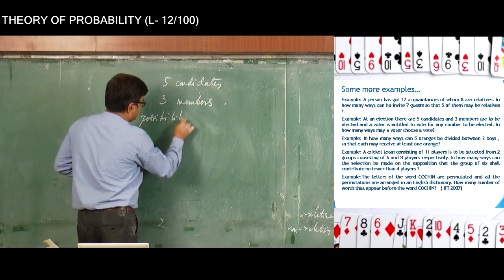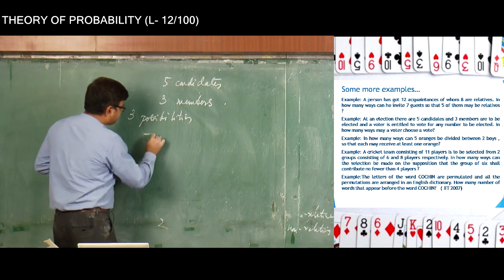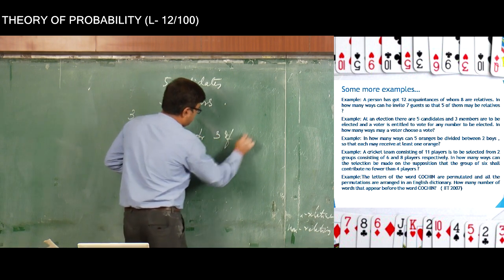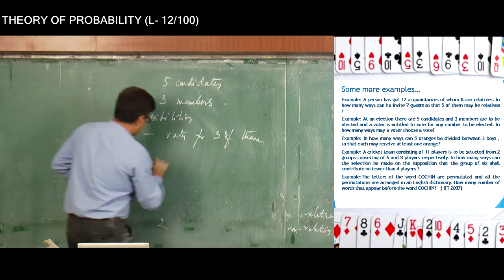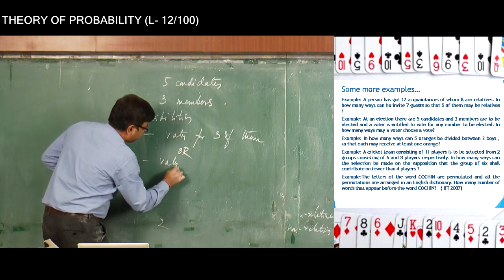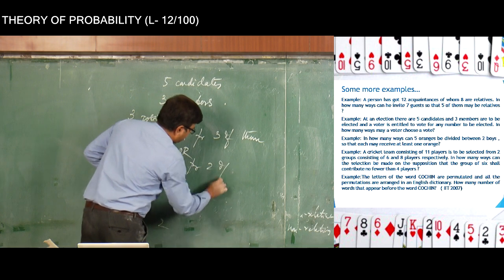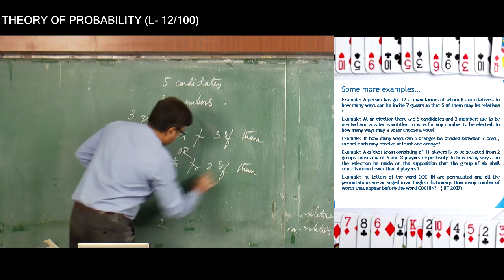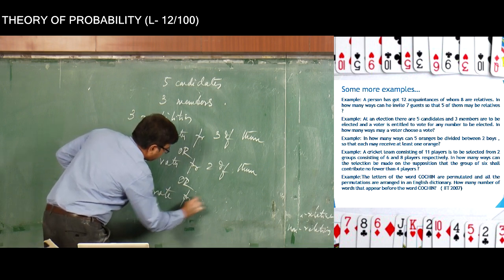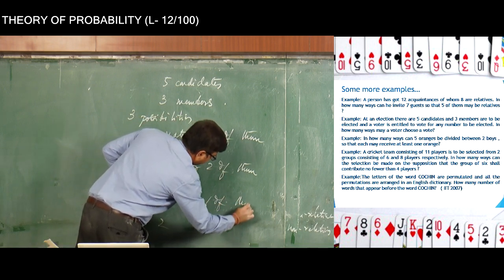The possibilities are, first, he votes for 3 of them, or he votes for 2 of them, or he may vote for 1 of them. So there are 3 possibilities.